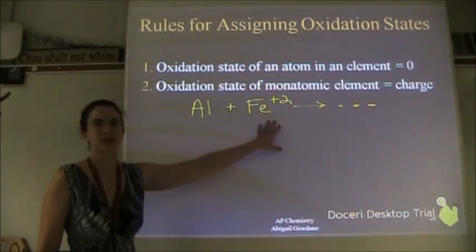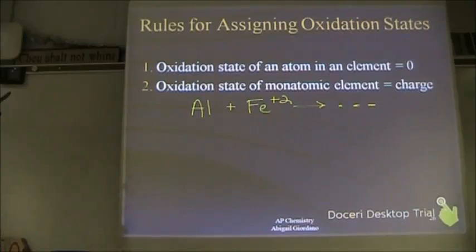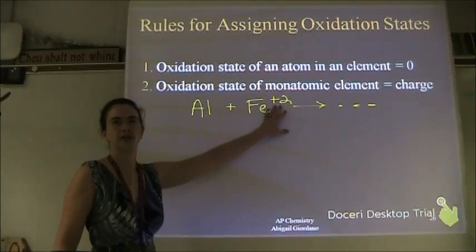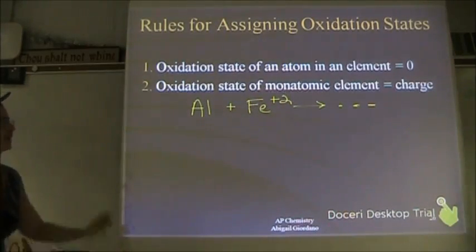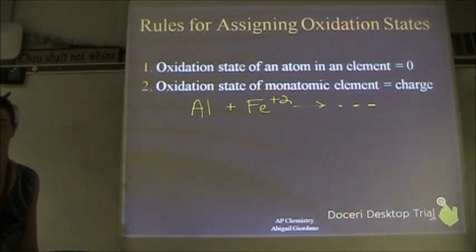What's iron's charge? Plus 2. It just means if an ion is in your equation, its charge is what its charge is. I don't know how else to say that. That's what number 2 means. If you're given a charge, use it.